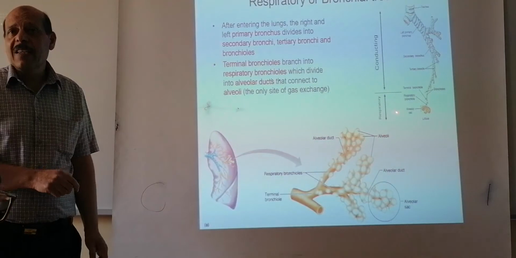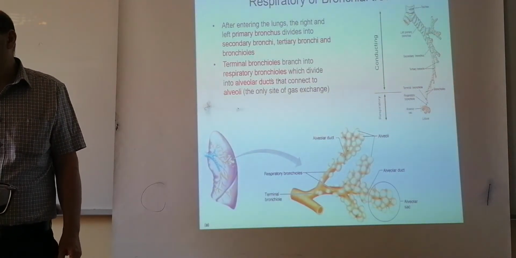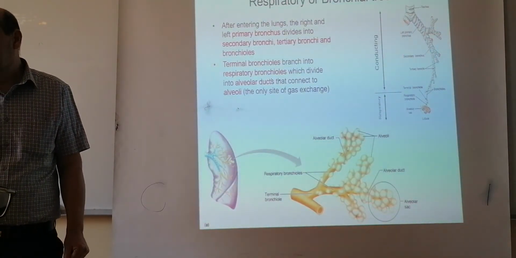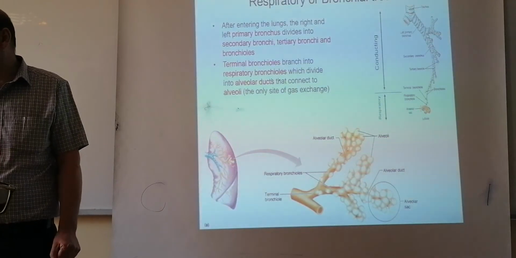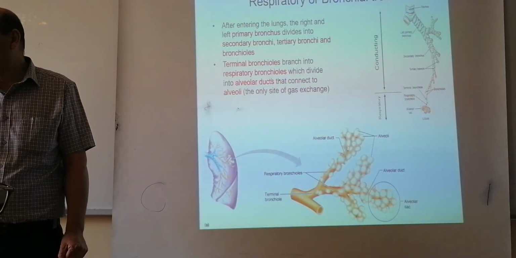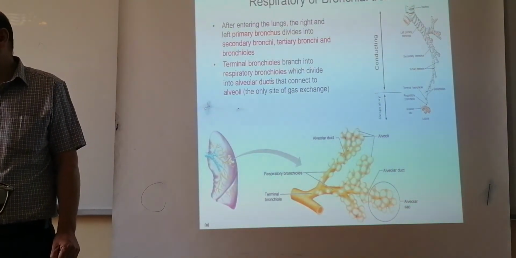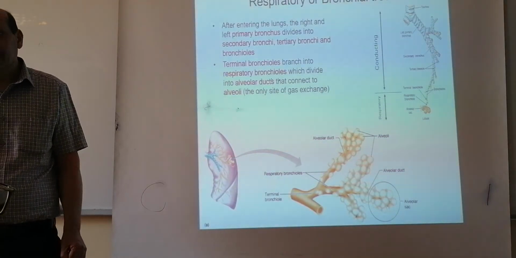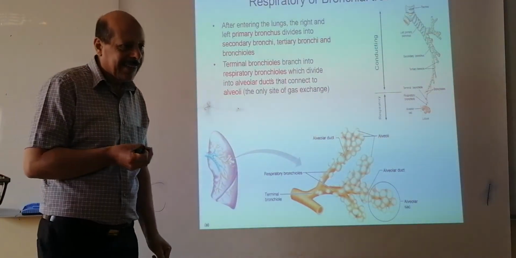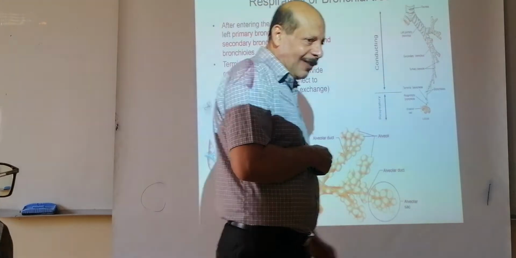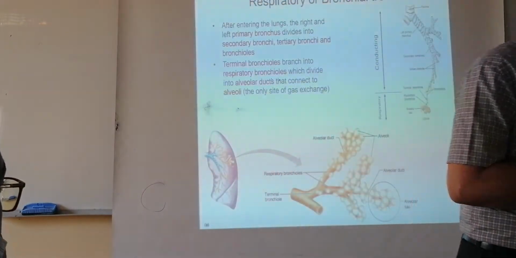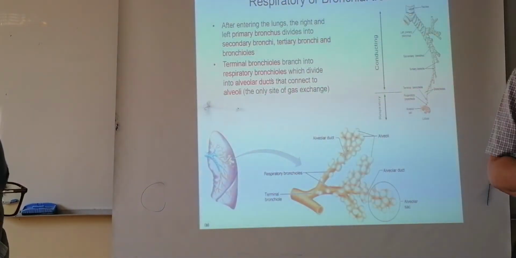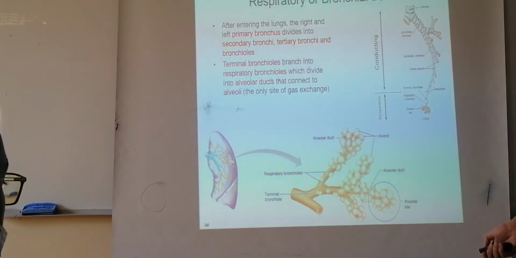So the alveoli is the functional unit of the respiratory system. What is the functional unit of the respiratory system? It is the alveoli.